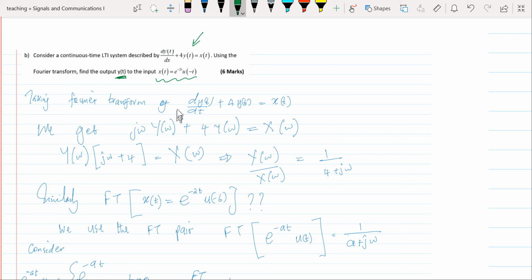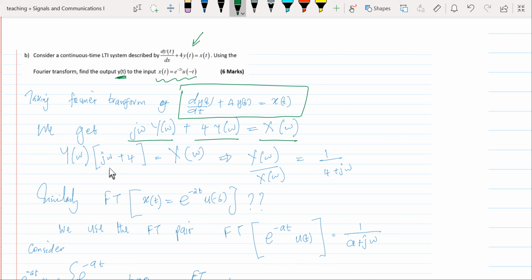So the first thing is to express the differential equation given here for the system using the Fourier transform. To do that, we just apply the Fourier transform properties that we know: when you Fourier transform the first derivative, you get j omega Y of omega, and 4 y of t becomes 4 Y of omega, and x of t becomes X of omega.